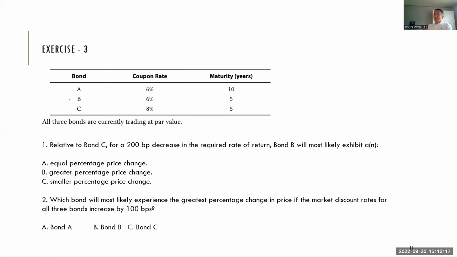Exercise 3. Bonds A, B, C. Coupon rates are 6%, 8%, and maturity is 10 years. All three bonds are currently trading at par value, so the price is 100, right? Relative to bond C, for a 200 basis point decrease in the required rate of return, 200 basis points means 2%.